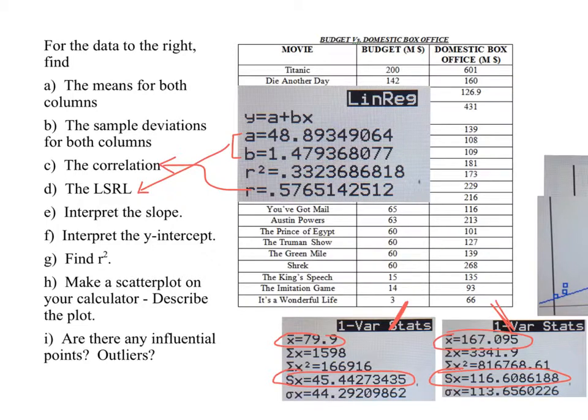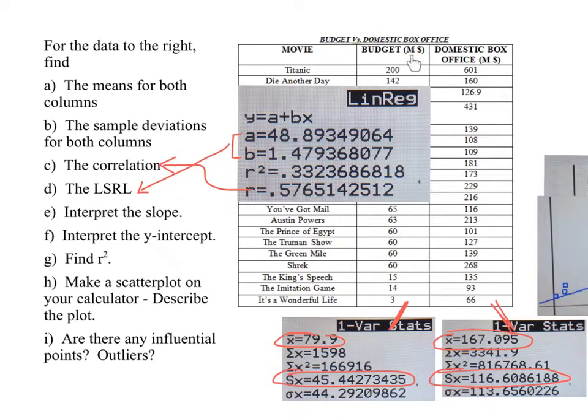Now, the slope. If you remember how we interpret the slope, the key word is predicted, and it's for every one explanatory. So we say for every one additional $1 million of budget, we predict that the box office will increase by $1.48 million, since all of these were in millions.